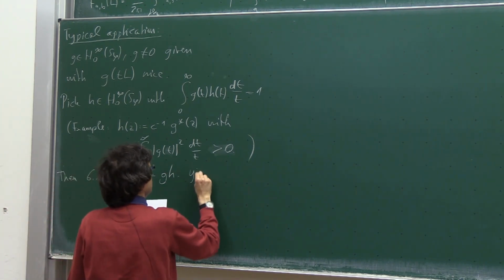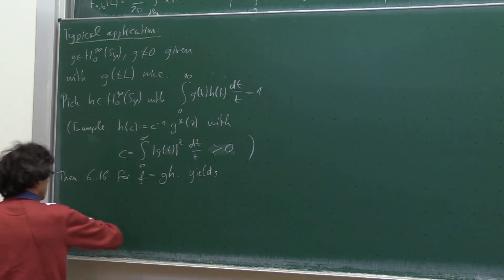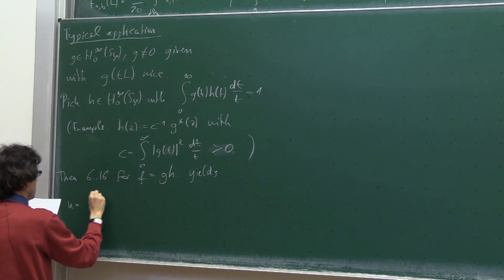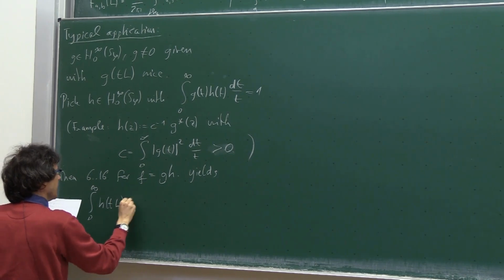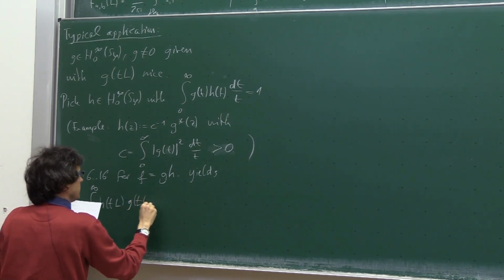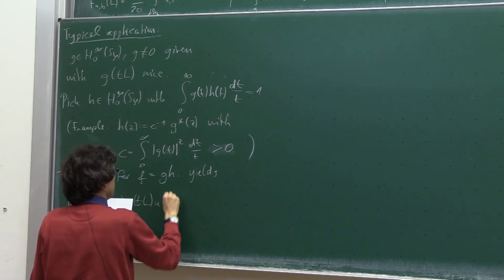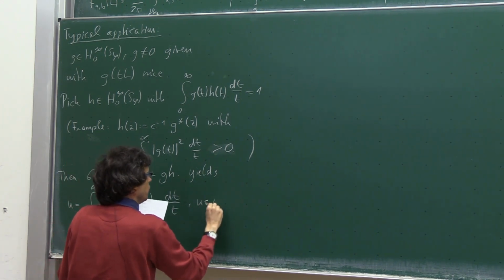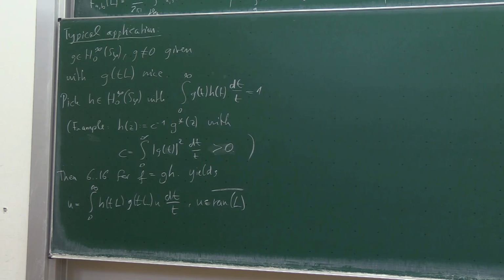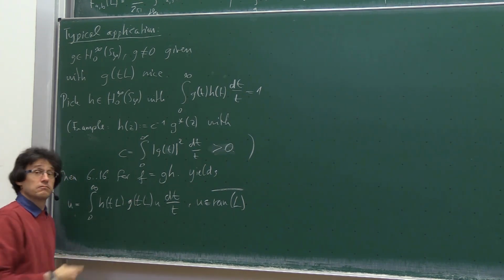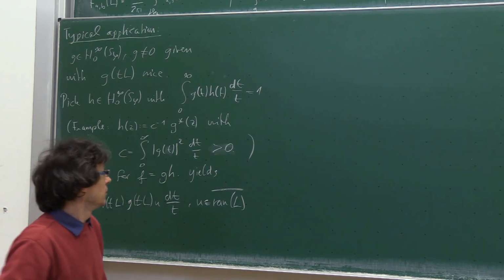And this gives you the formula that u can be written as an improper integral from 0 to infinity of h of tL, g of tL, u dt over t for all u in the closure of the range of L, or, if you know that your operator is injective, for all u in H. And now in this formula you can use any nice features that you know about your operator g of TL and get something interesting for you.